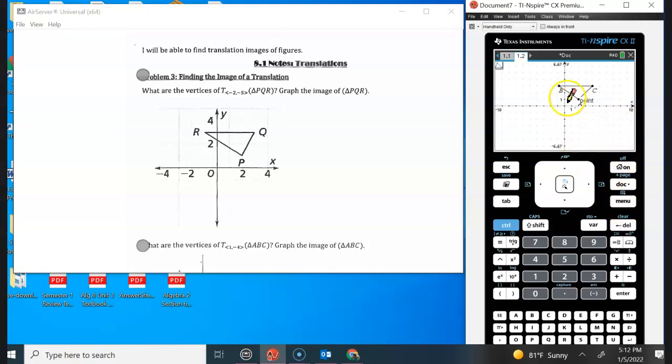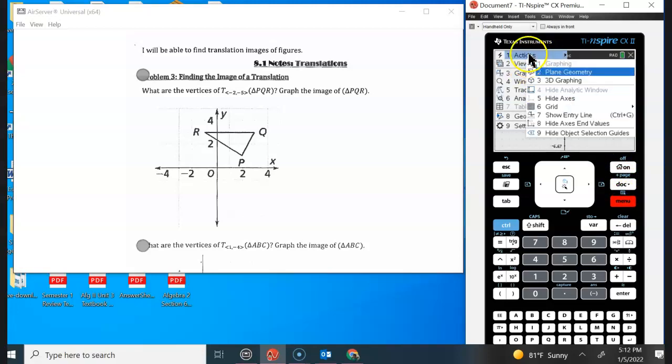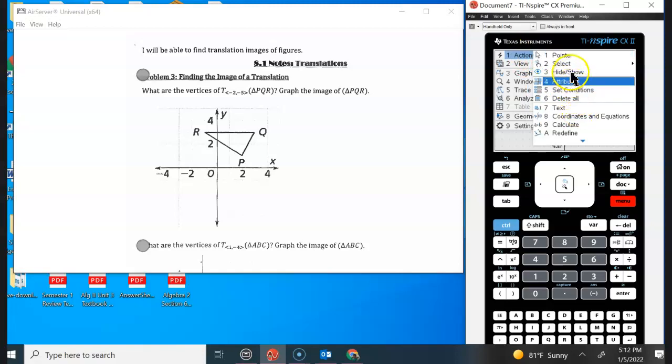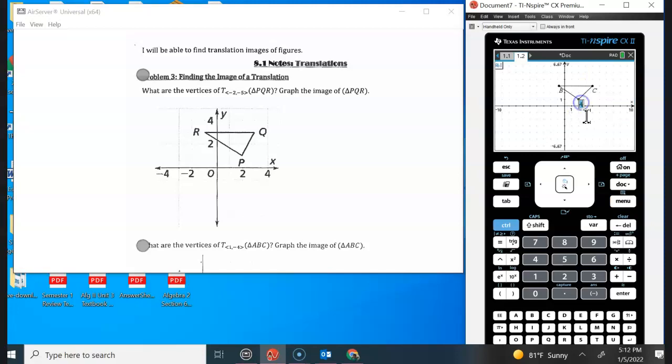Let's go ahead and fix these points here by changing the actual text or the label.